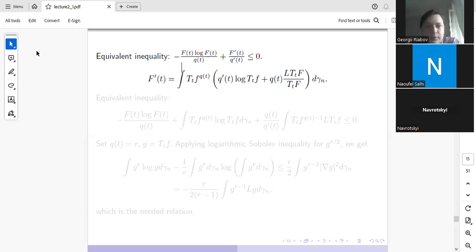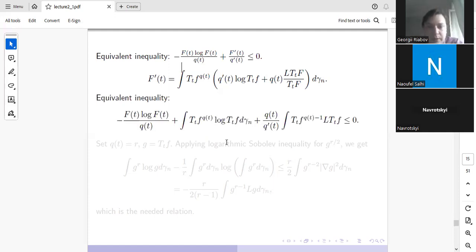So now the derivative of f has this form, which may look complicated a little bit. But if we substitute, we get an equivalent inequality like this.